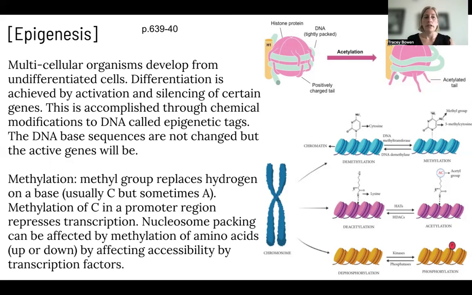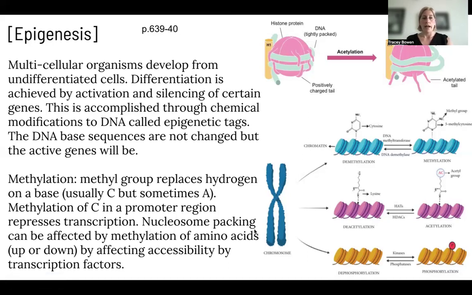So in the situation of methylation, methyl groups replace hydrogen on a base. This is usually happening on cytosine, but could also happen on adenine. Methylation of cytosine in a promoter region represses transcription, so that means that messenger RNA will not be made.